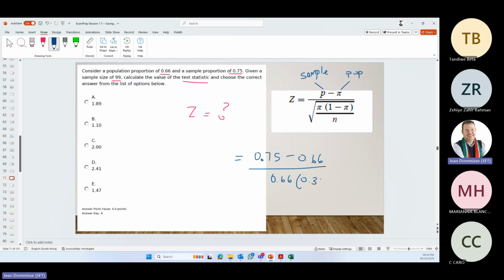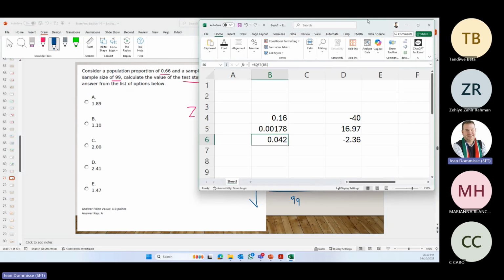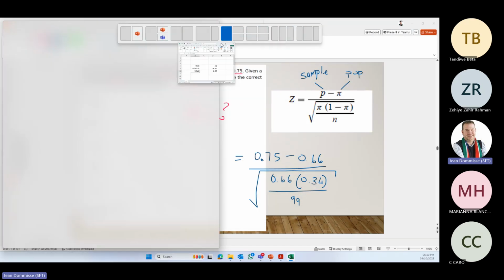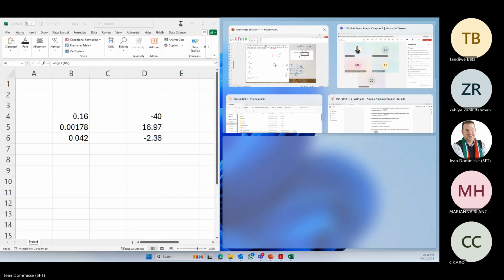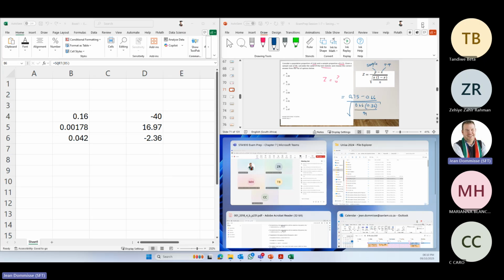So again, something like this, with a sample size of 99. I am going to use Excel quickly again because my cell phone calculator can't do that. Sorry.